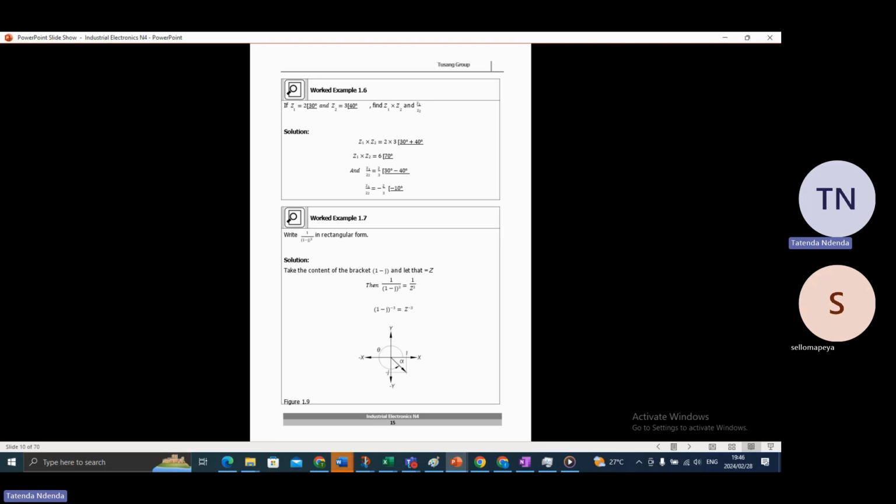So it's going to be 6 cis 70 degrees. And for Z1 over Z2, we're just going to say 2 over 3, then we are going to subtract our angles.